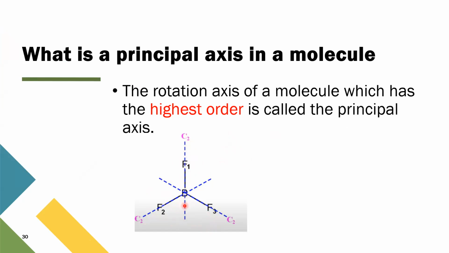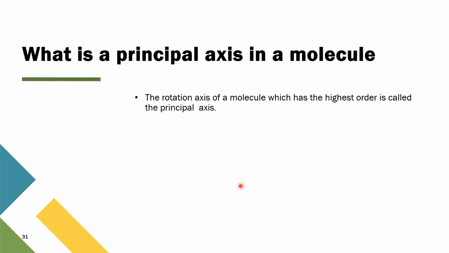When you rotate it, you get the equivalent configuration. By drawing the axis which contains the BF bond, since there are 3 BF bonds, there will be 3 C2 axes in this BF3 molecule in addition to the C3 axis.